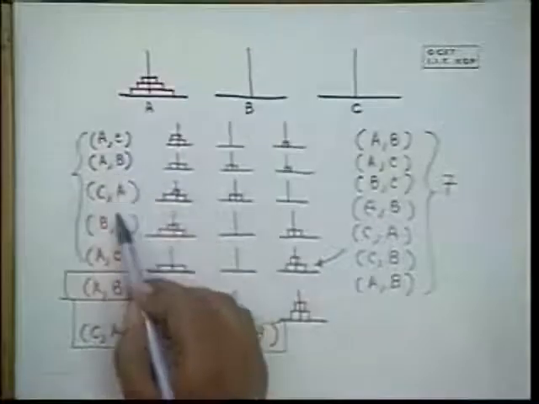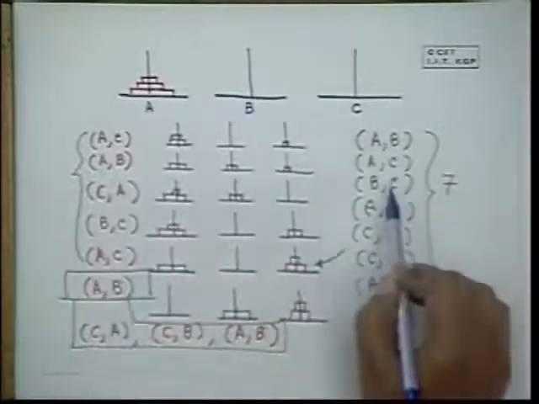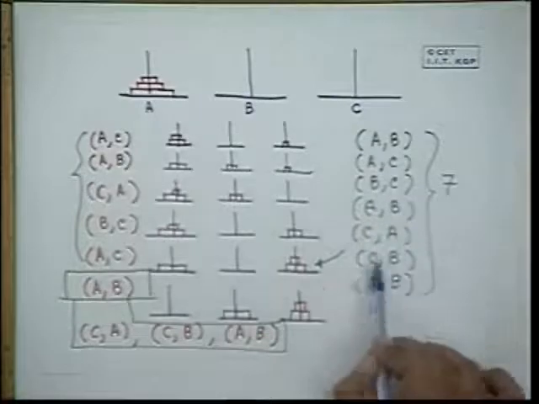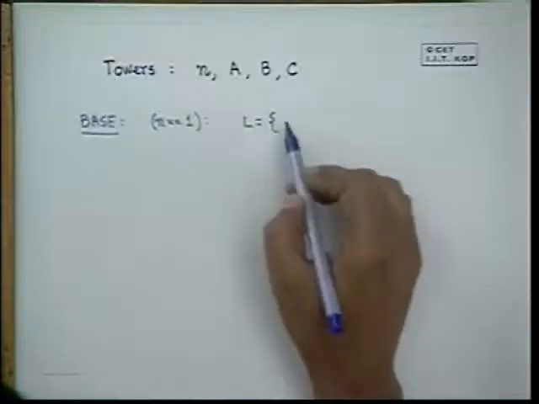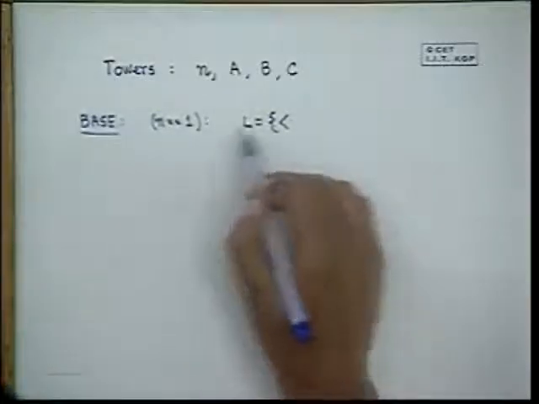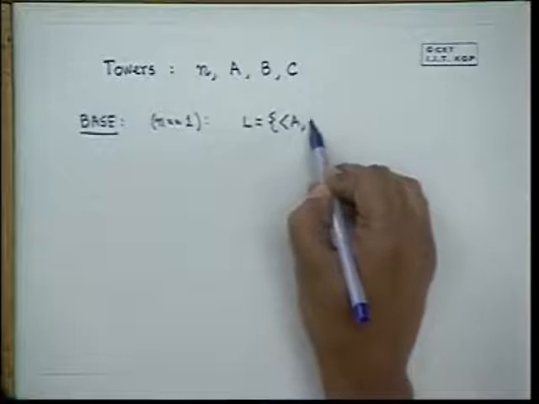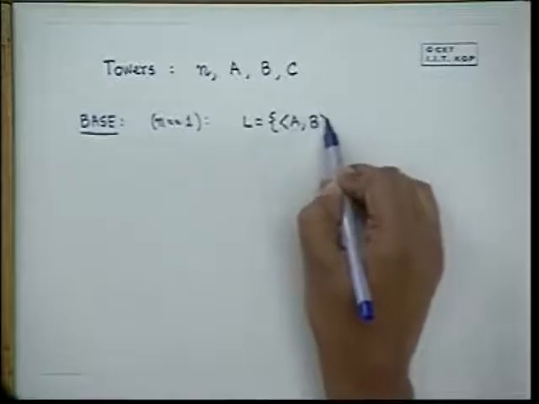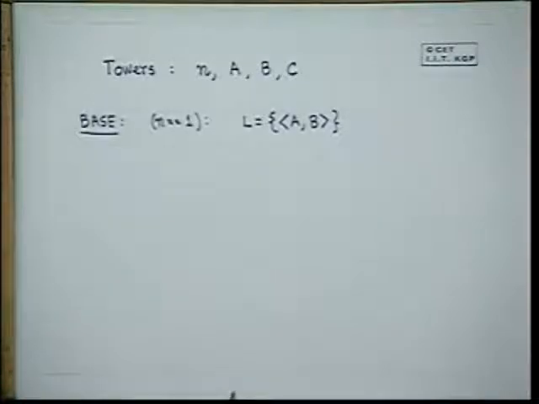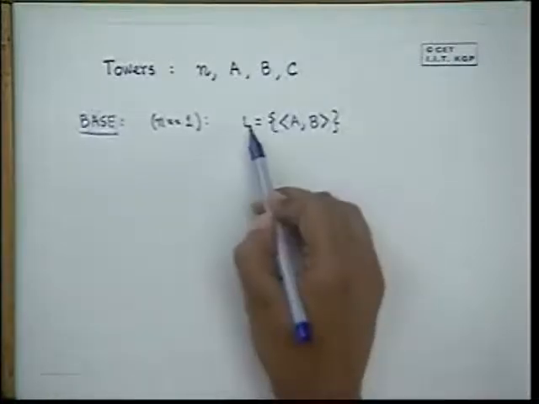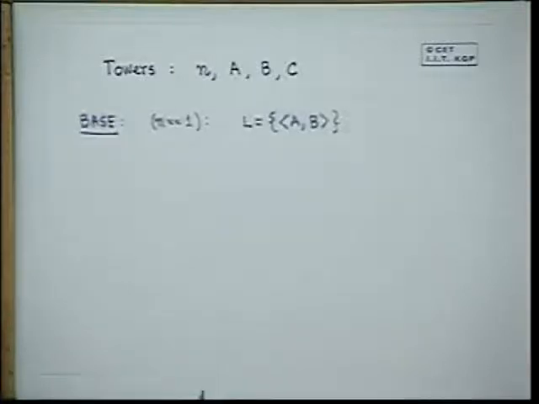The solution, as we showed before, consists of a sequence of moves, A to B, A to C, etc. So we have to return a sequence. So when n is equal to 1, the solution is a single move in the sequence. So L is AB only.